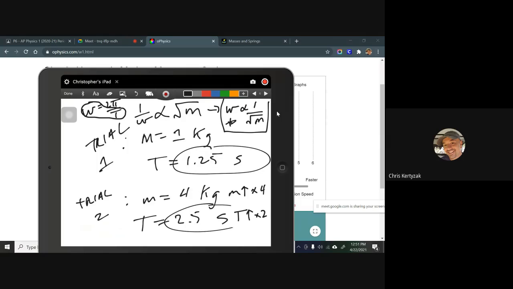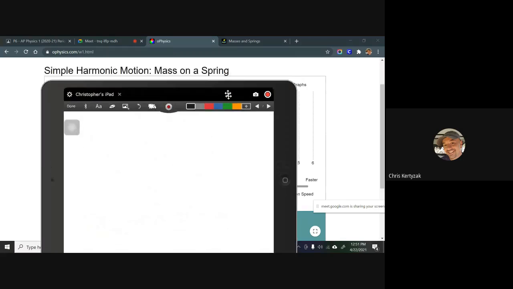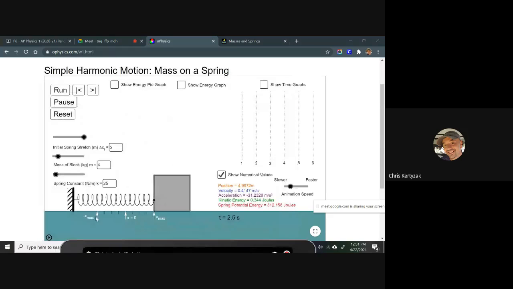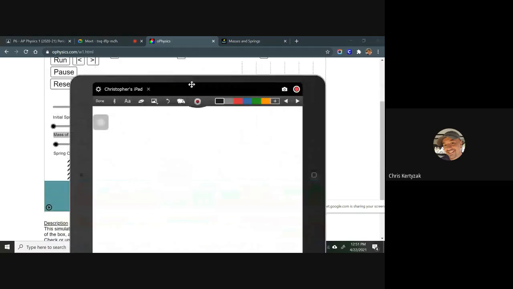And now we do another test to see what is the connection with the spring constant. So I'm going to return back to here, and we'll use the same trial 1 that we had before. What was trial 1?